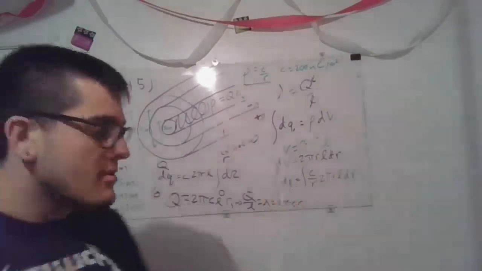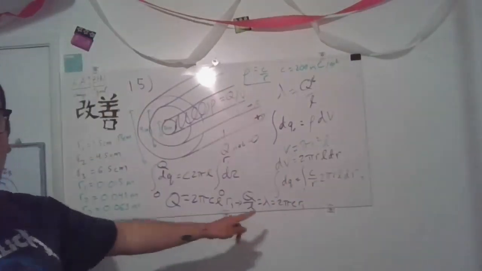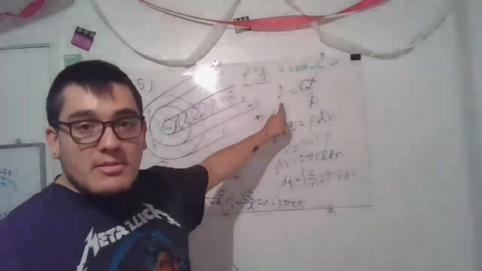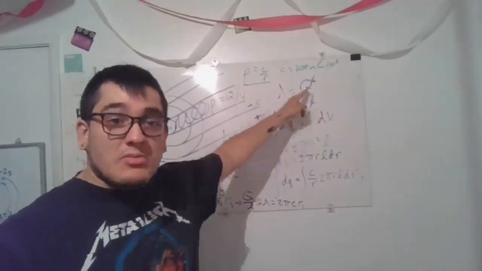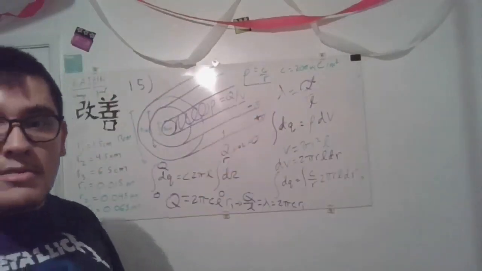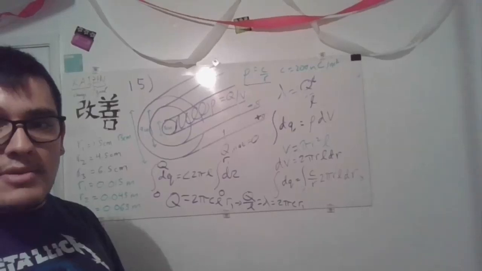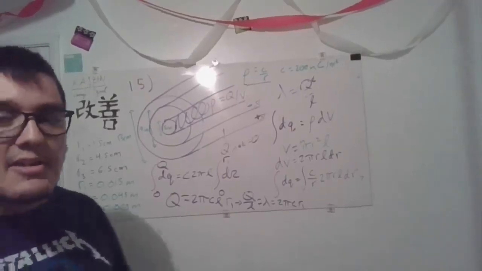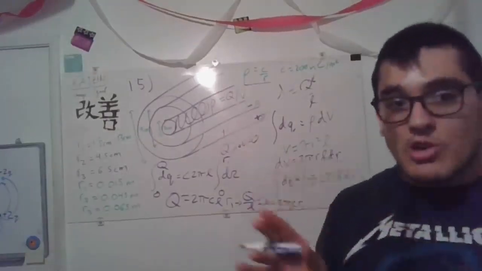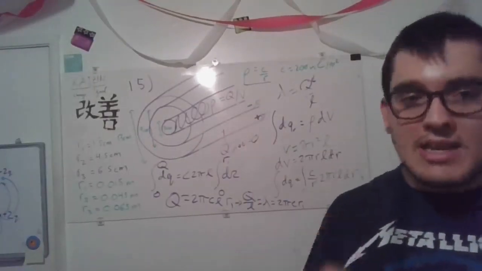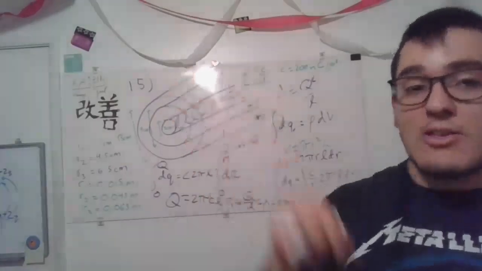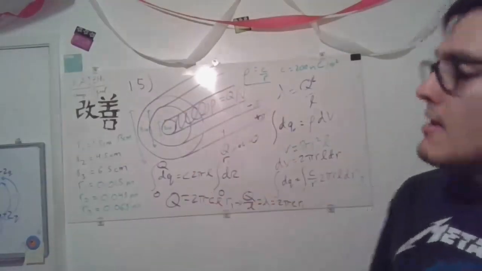Wow, mind's blown. So check out how I did that. I started with asking, what is lambda? Lambda is Q over L. I don't know Q, but I know there is some charge Q. Sometimes you'll have to use this trick. Integrate dq, integral of dq from 0 to big Q, just like I did there.